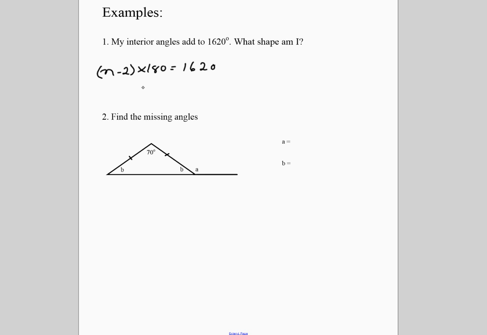Well, you're going to do 1620 divided by 180, and then you're going to add 2. When you do that, 1620 divided by 180, you get 9, and then if you add 2, you get 11. And so that means the shape must be an undecagon.